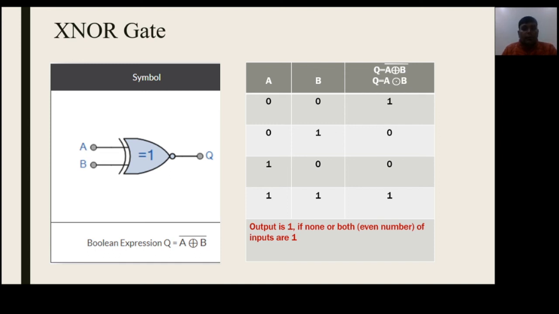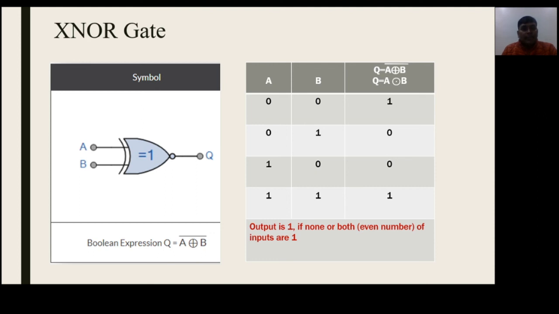But in case of more than two inputs, the XNOR gate states that the output is 1 if none or an even number of inputs are 1, otherwise output will be 0. Okay, here we have 0 0, then output will be 1 because there is no input as 1.